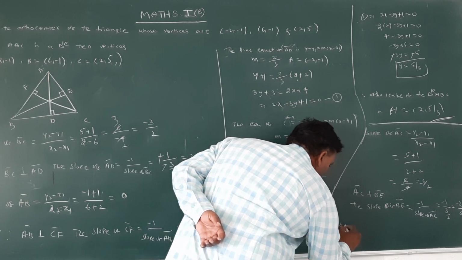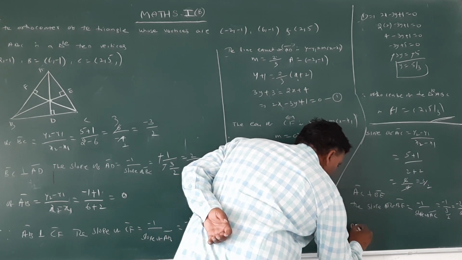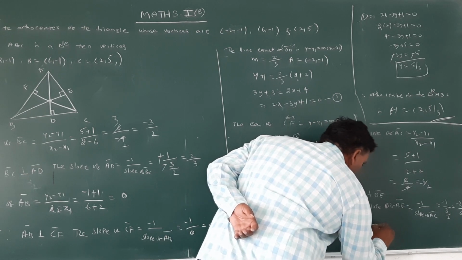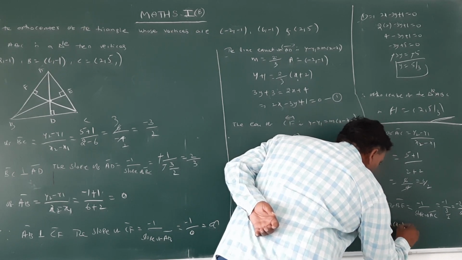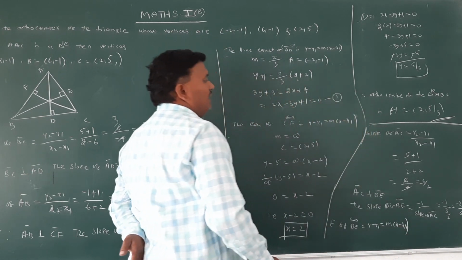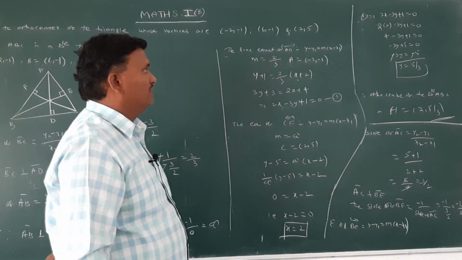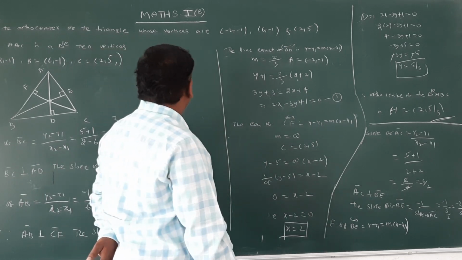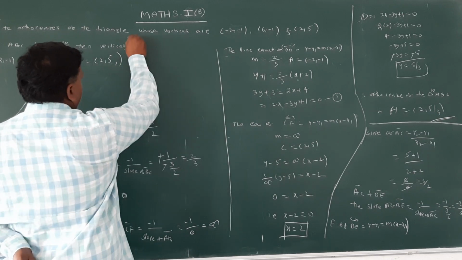Equation of BE: y minus y1 is equal to M into x minus x1.